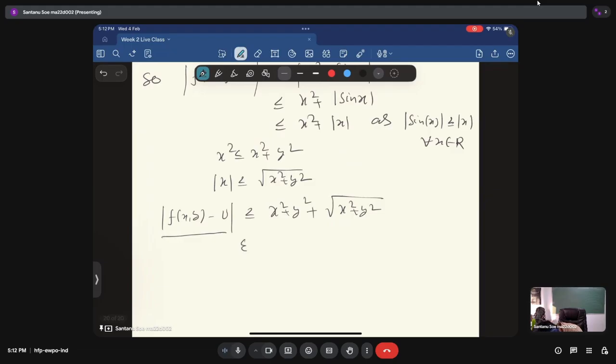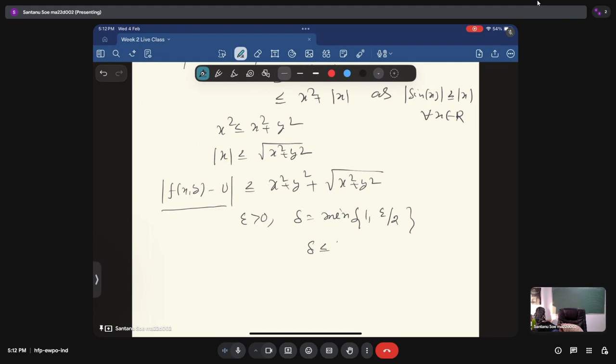So given epsilon greater than 0, we choose delta as the minimum of 1 and epsilon by 2. Then delta is less than or equal to 1, and delta square is less than or equal to delta, right?